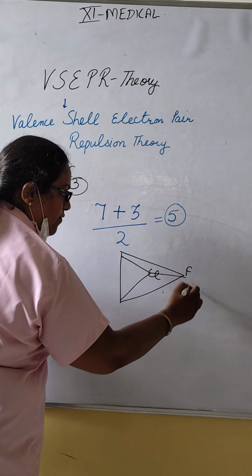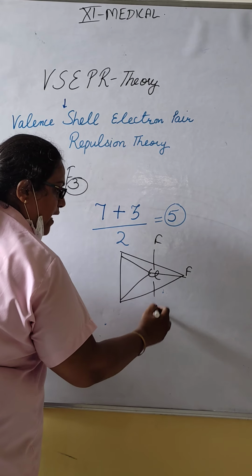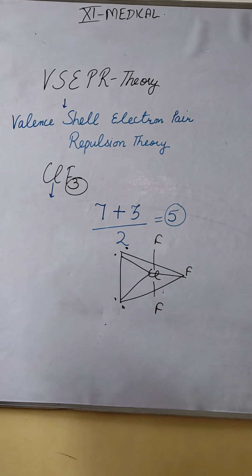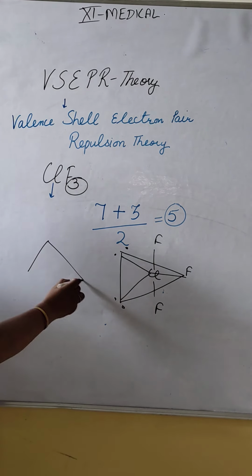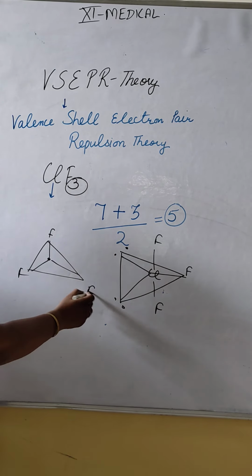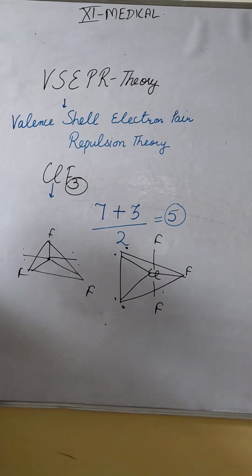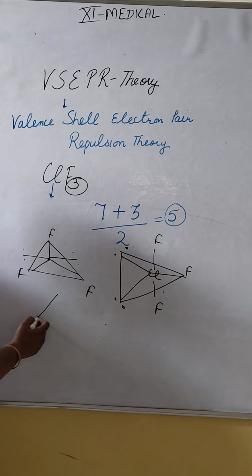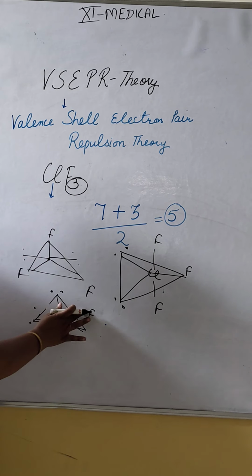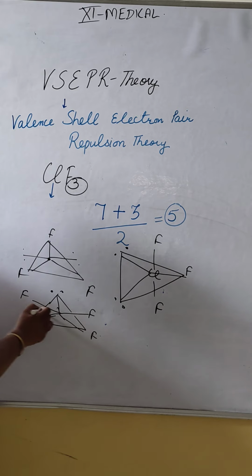Cl, F, F, F. But this can be the shape. This can be the shape. This can also be the shape. And this can also be the shape.